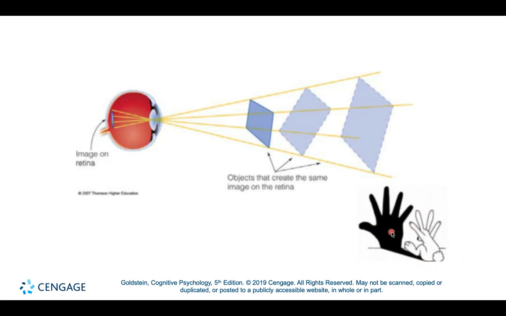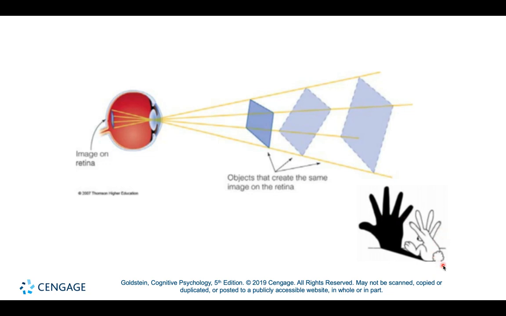This could be, I don't know, a tree that we have sculpted to exactly cast this shadow. Or maybe a hedge, like a bush, right? You could have a big hedge in front of someone's house and you could perfectly cut this into it such that it's not actually a hand, but it casts that image onto your retina.